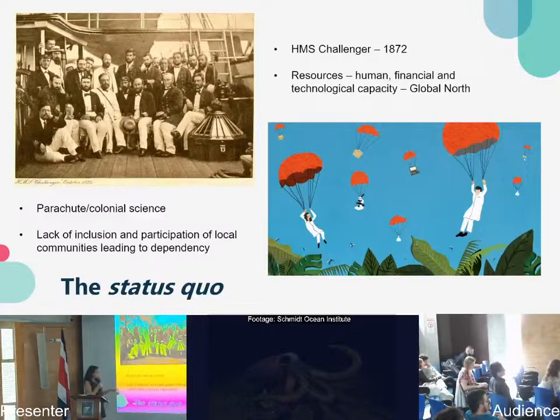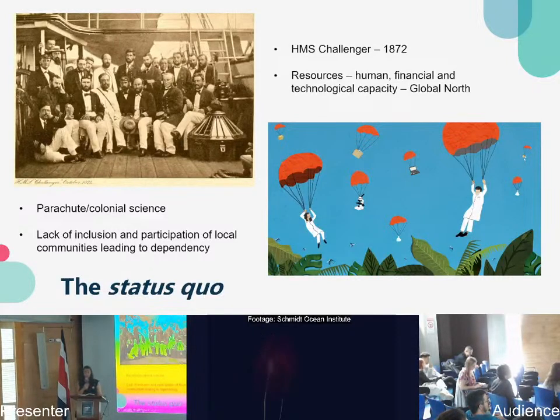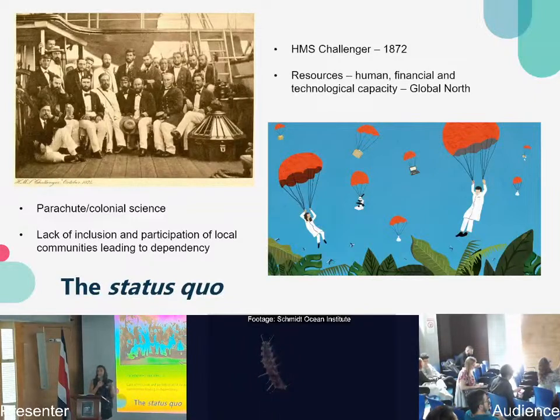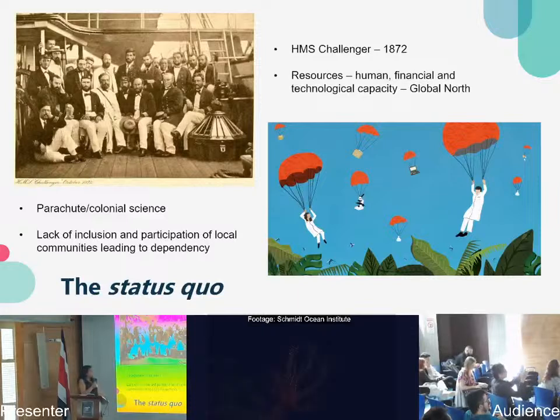As a result of these efforts, we have what we call parachute or colonial science, in which scientists who hold such resources land or visit places and collect all the data they want, process it, and come up with publications without any involvement from the local communities or the places where the field studies are taking place.